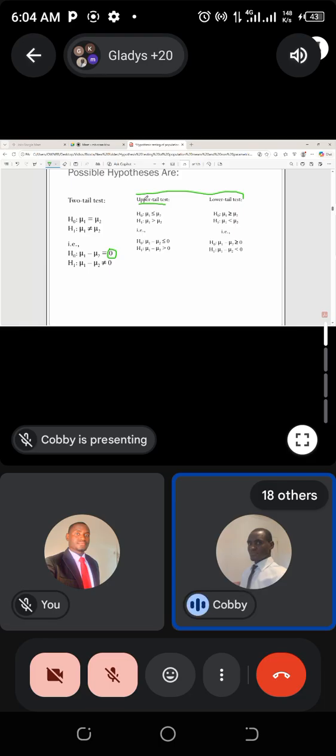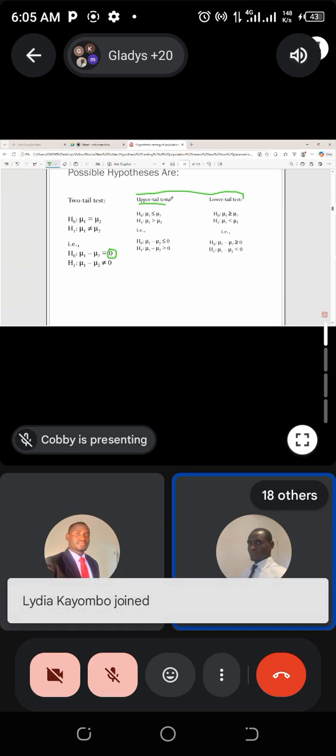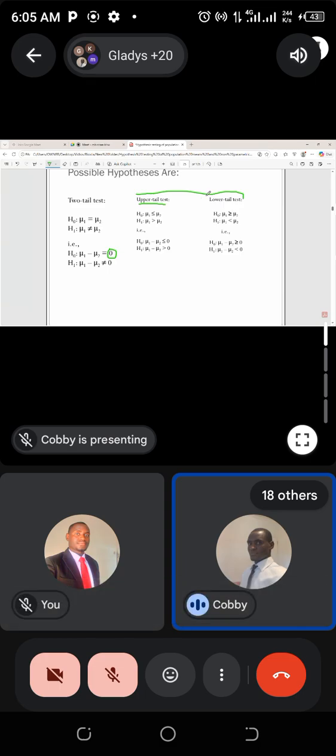That is the upper test. Then if you want to know if they have lower uric acid than the normal individuals, that is the lower test. Okay. All right, thank you.